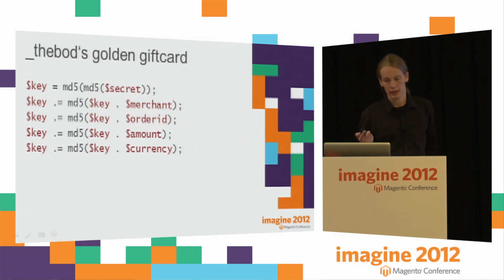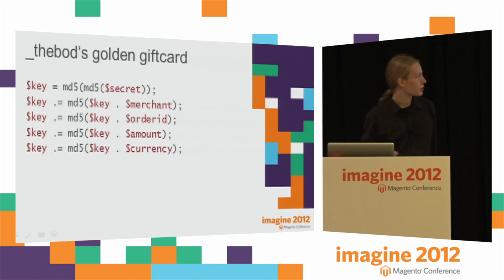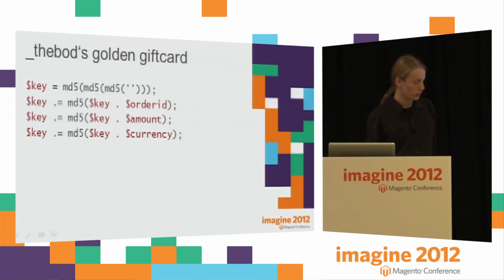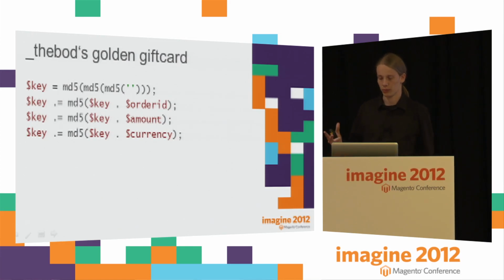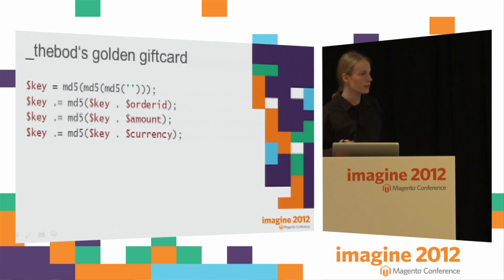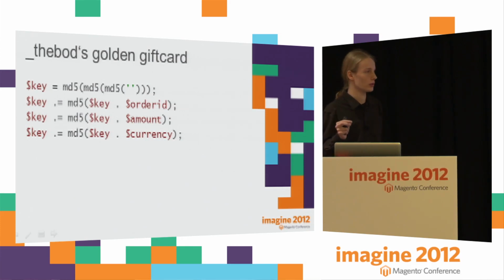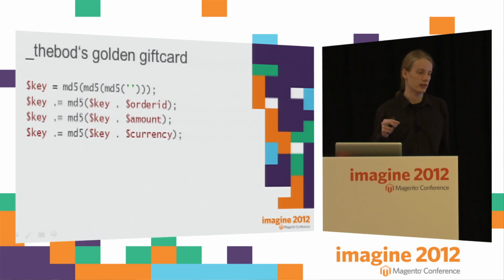Secret and merchant, as I said, is empty, so it changed to this. And order ID, amount, and currency are the 3 things we already know. So we can create an authentication token for every shop which doesn't use this payment module and set the order status there or how we want.